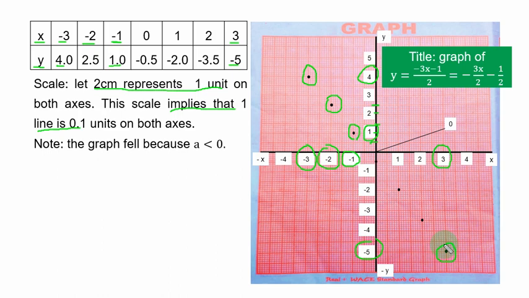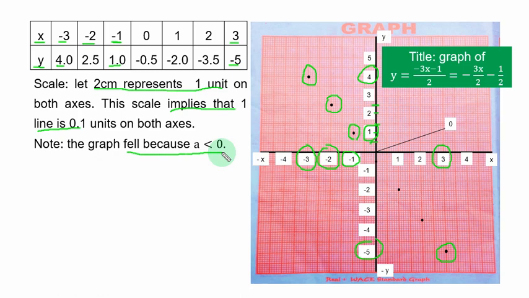And of course, the title is there. The title is the name of the function. It's not any other name you import from anywhere. The name of the function can serve as the title of the graph. So clearly the straight line fell because a is less than 0.